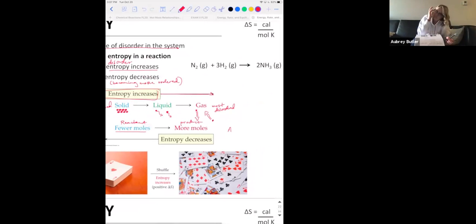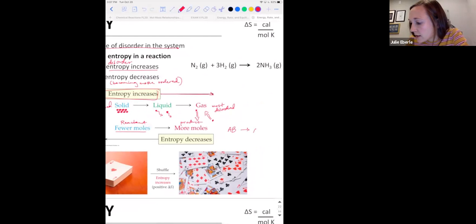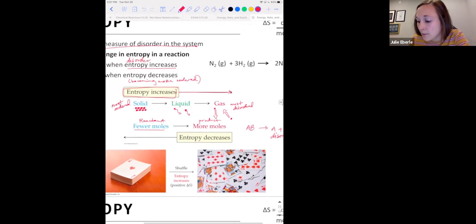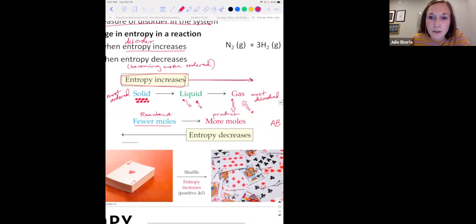So if you have a reactant AB and it breaks down into substance A and substance B, I could have 1 mole of reactant and end up with 2 moles of products. Does that make sense? And so you're more ordered on the reactant side and you have more disorder on the product side. That's exactly what the bottom portion of this figure is alluding to.